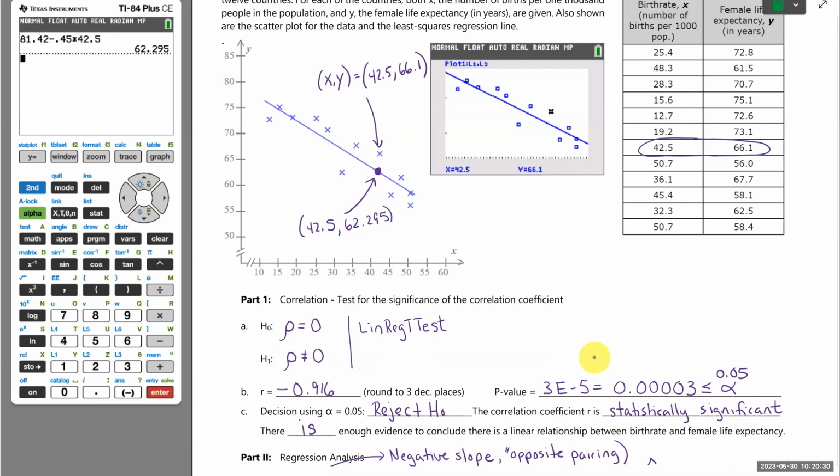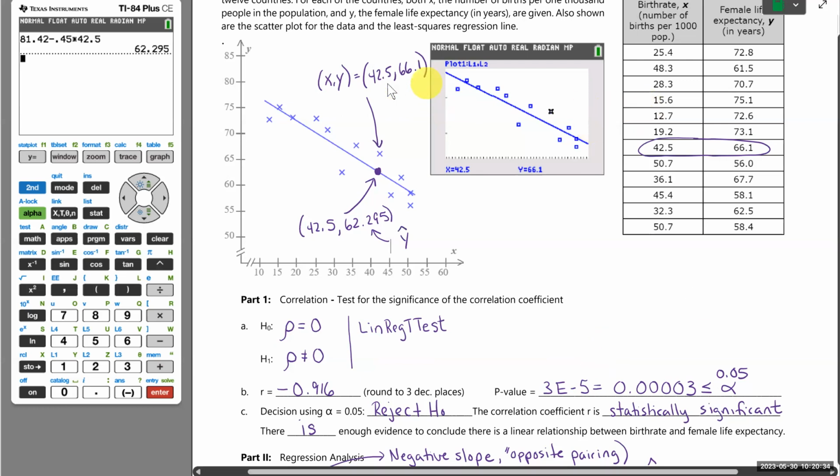So this particular country in our study actually has a female life expectancy higher than average for countries with a birth rate of 42.5. All right, there you go.